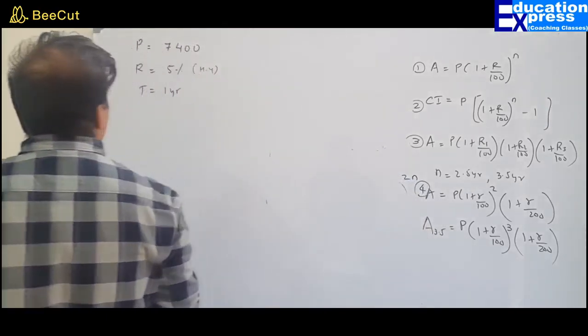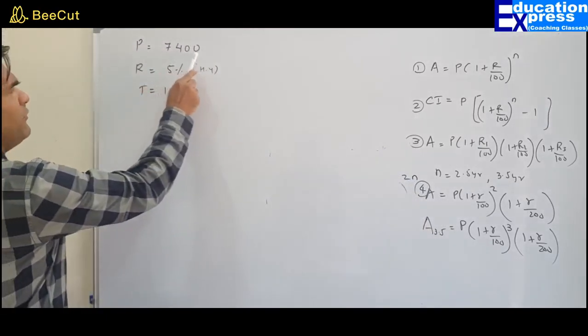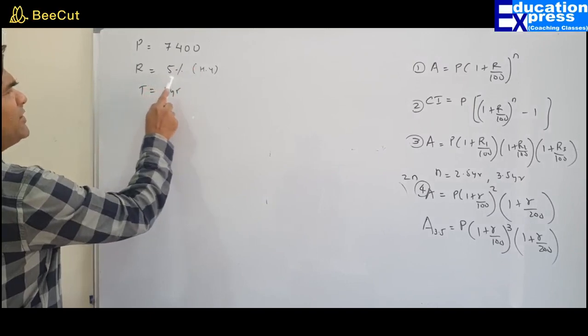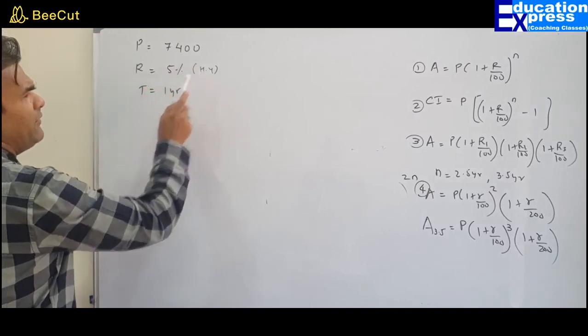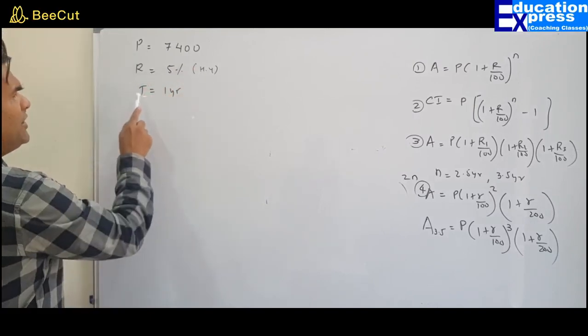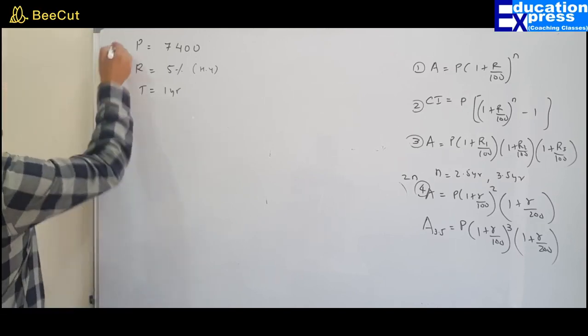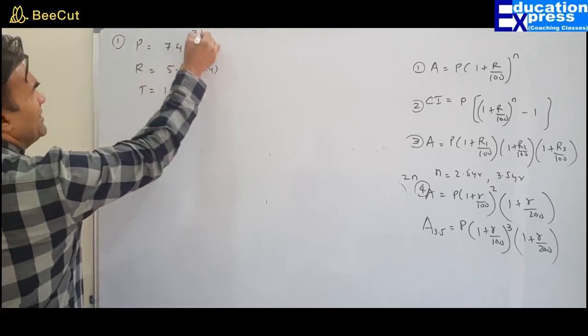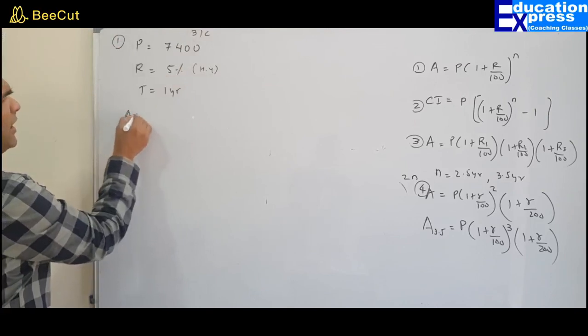So principal is 7,400. Rate of interest 5% but compounded half yearly. Time duration is 1 year. We have to find the amount.